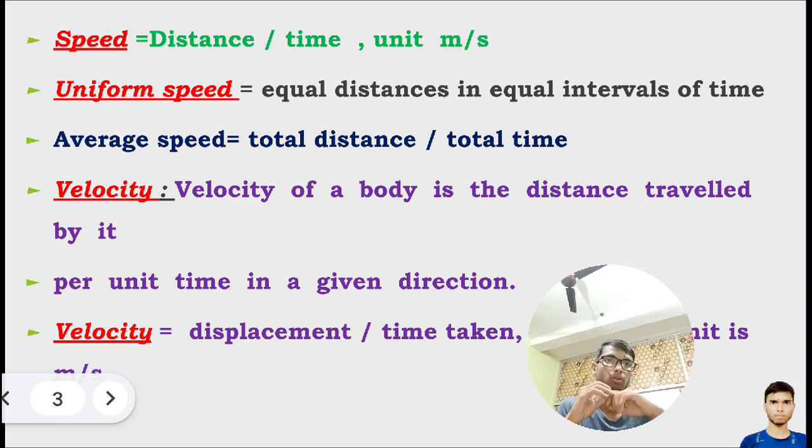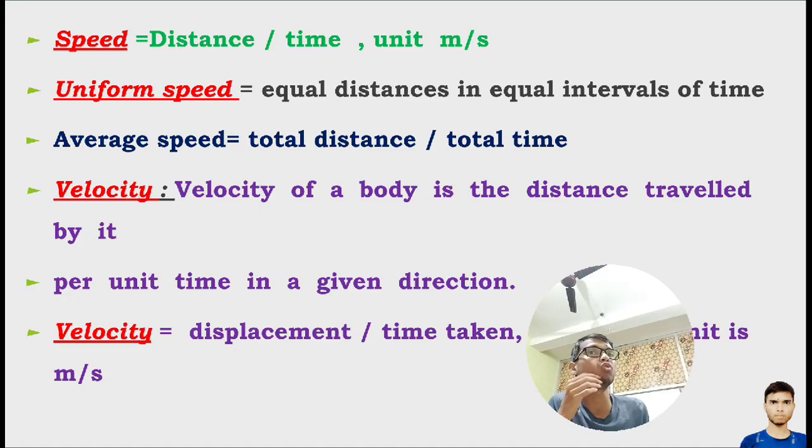Uniform speed. What is uniform speed? Equal distance in equal intervals of time. The meaning is the same as we saw about uniform motion. After 5 minutes the speed is the same, and the speed is 5 meter per second, and again it is the same.